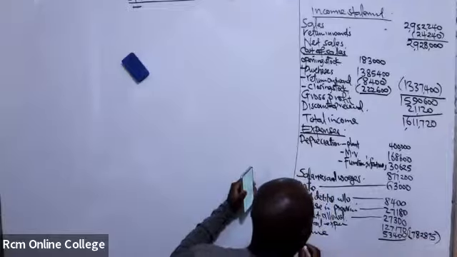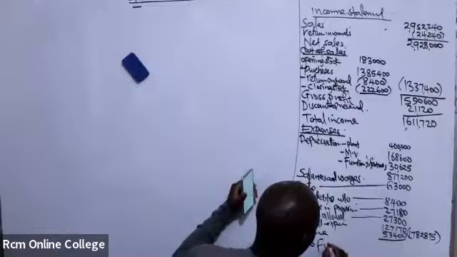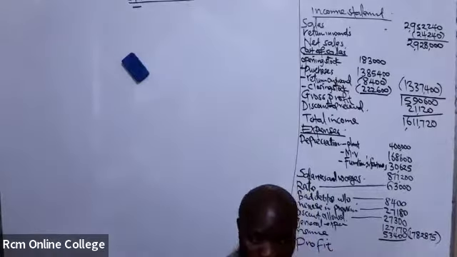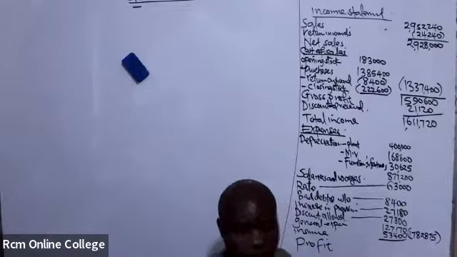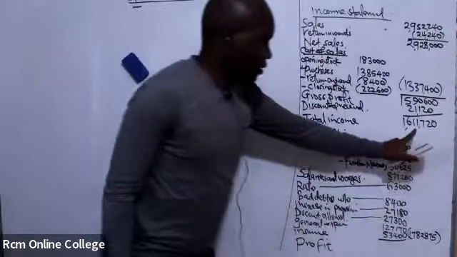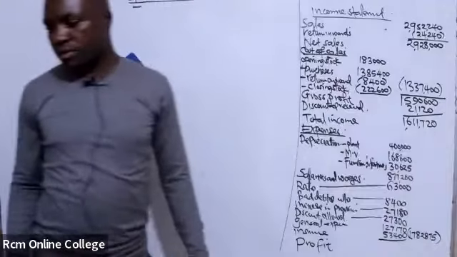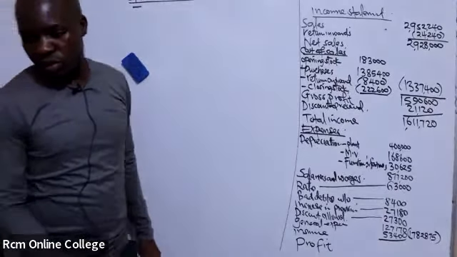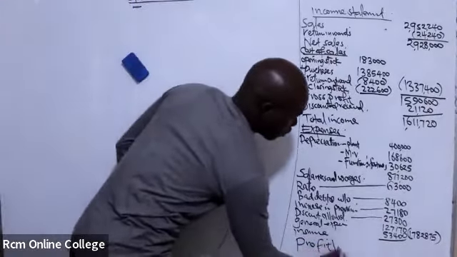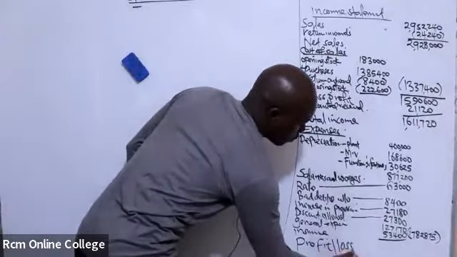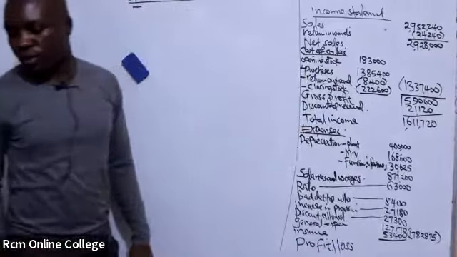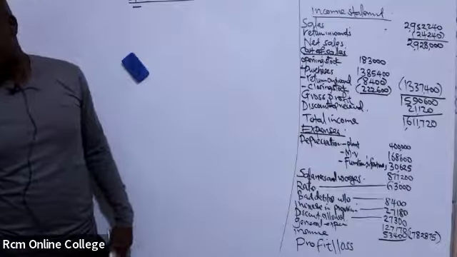So can we get profits? What's our profits? 11,720 minus 17. Profit or loss? So the difference will be a negative.